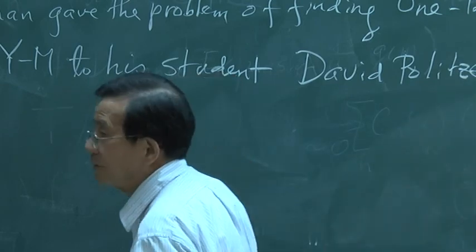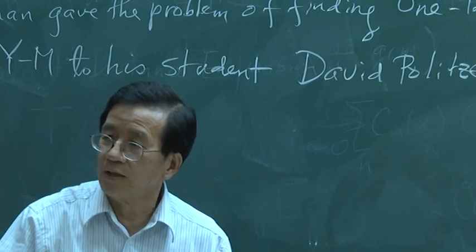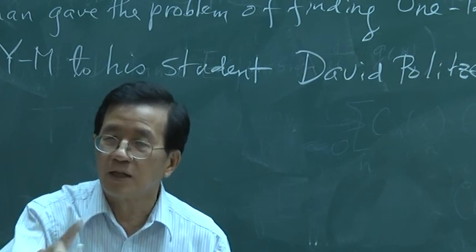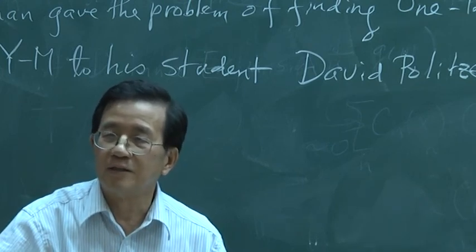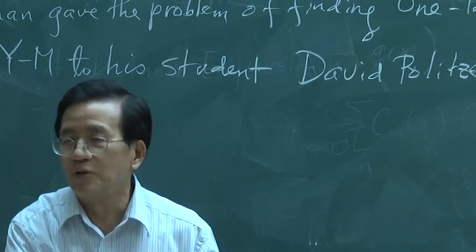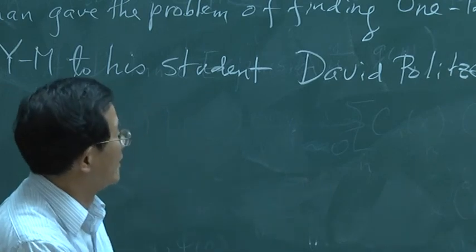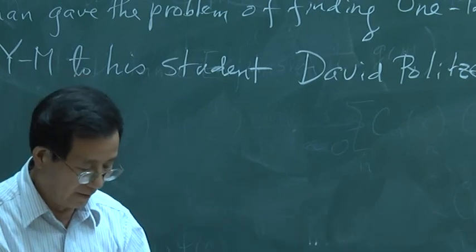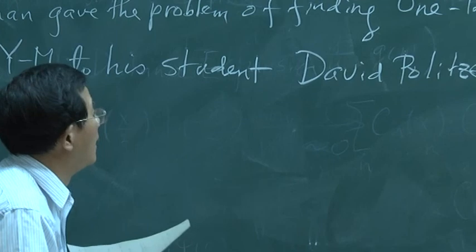Now you probably know when the advisor gives a problem to a graduate student, there are only two situations. Either the problem is very hard, he cannot solve it himself, or it's so trivial he didn't want to do it, or it's not important. And I don't know which way Coleman thought, but anyway, he gave the problem. Of course, then the rest is history, right? He got a Nobel Prize in 2004.